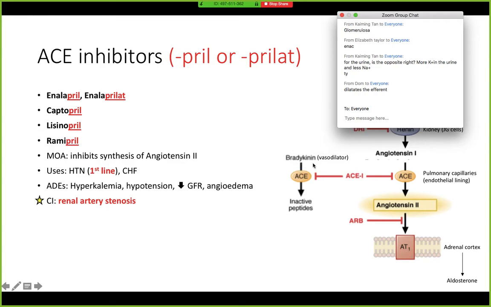Yeah, and then also, super high yield is the fact that ACE inhibitors prevent the breakdown of bradykinin. So if your bradykinin isn't being degraded, bradykinin is a potent vasodilator. So you're going to see angioedema. So what is that? How would you describe that?